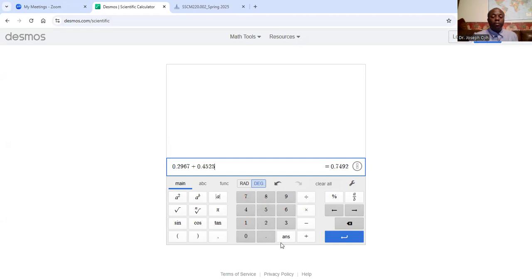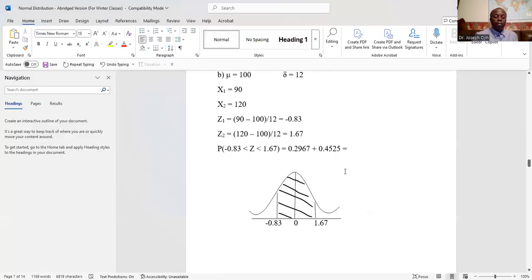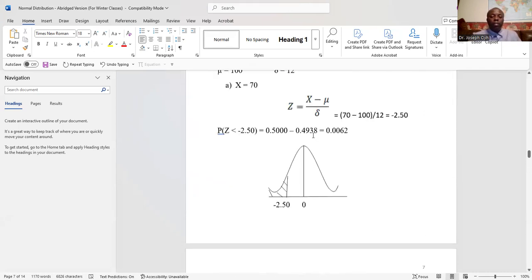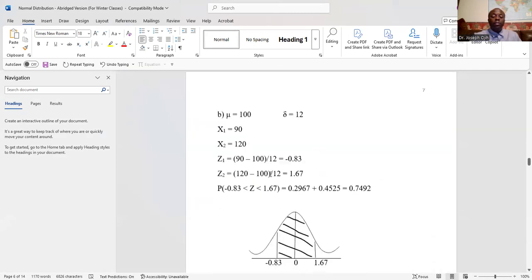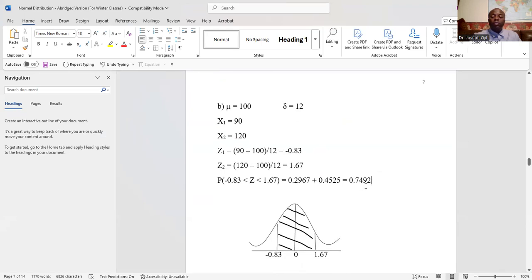So you can go and put it in. The probability that the utility bill will be between $90 and $120 is 0.7492. Any question on this? No? Okay, good.